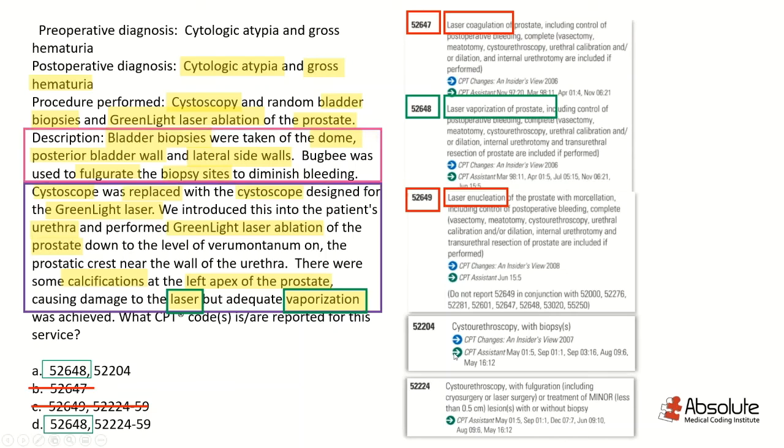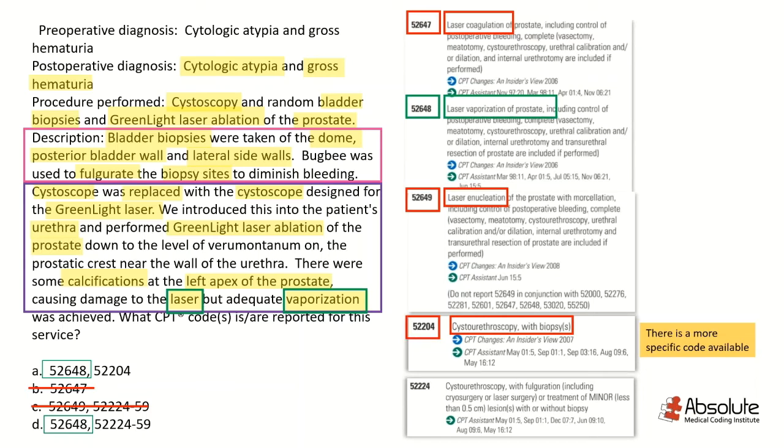Okay, one of them is biopsies. Okay, the bladder biopsies, they were taken. All right, but there's more of a specific code available. Remember, going back to the very beginning when you're learning coding, that we always want to code to what? Provider certainty and specificity.